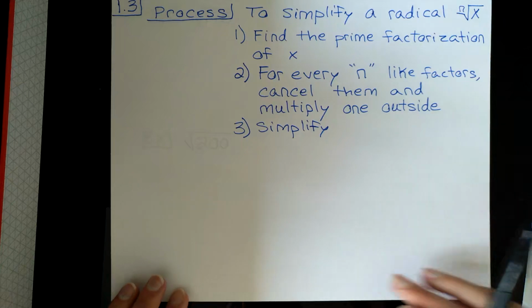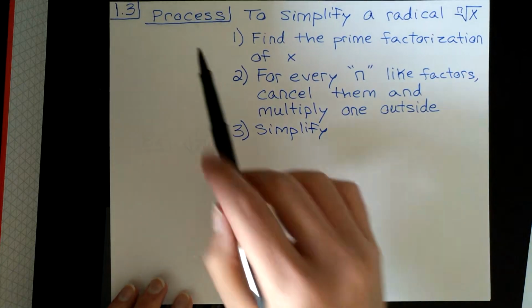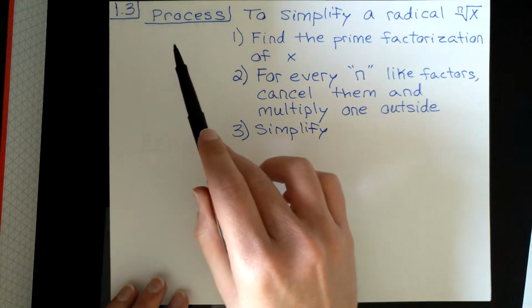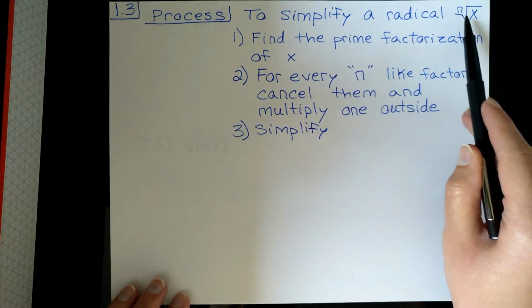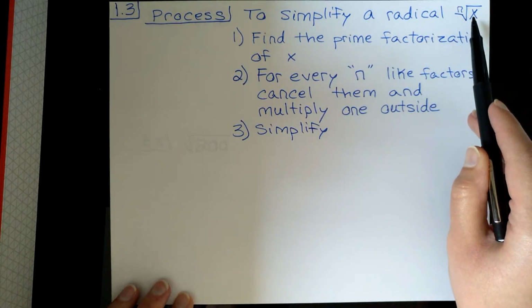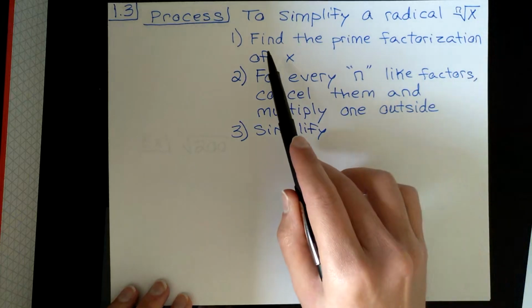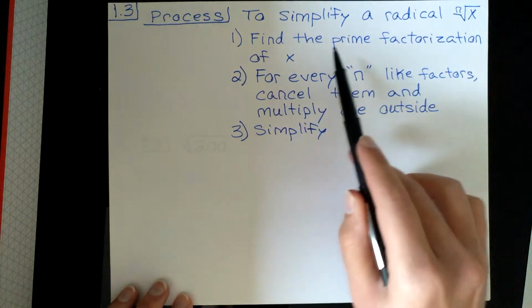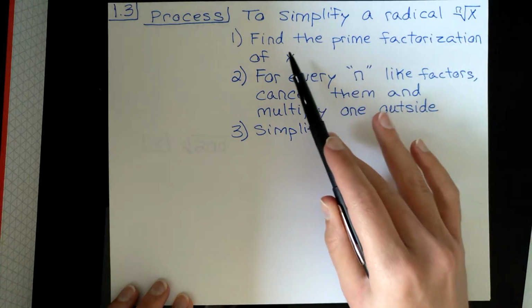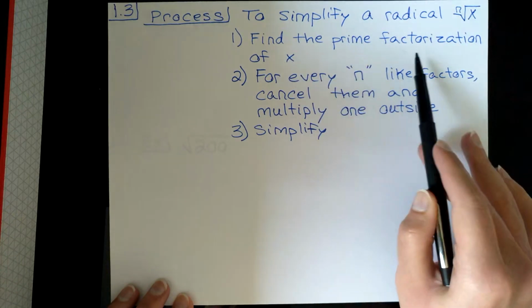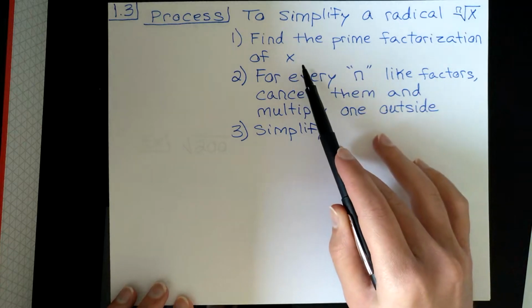To explain that in a little more detail, our process to simplify a radical, the nth root of x, is that we are going to find the prime factorization of x first.